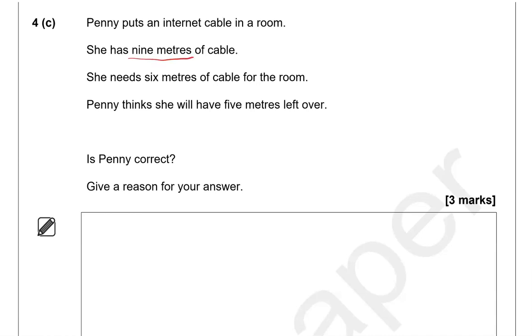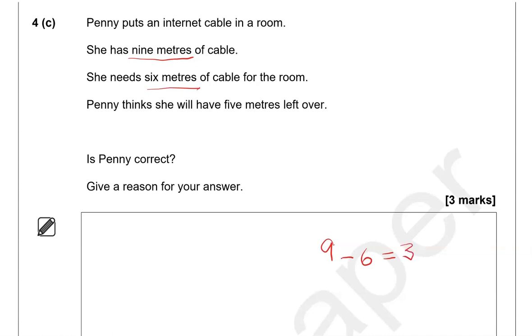So she has 9 meters and she needs 6 meters. To work out how many meters will be left over, we're going to take away 6 from the 9. And you can do this with a calculator by pressing these buttons. 9 take away 6 equals, and it will give you 3.